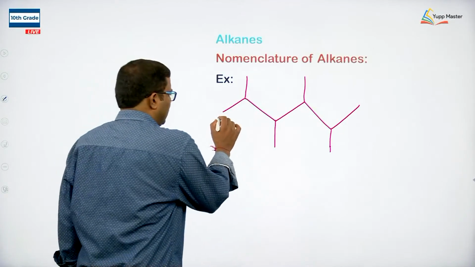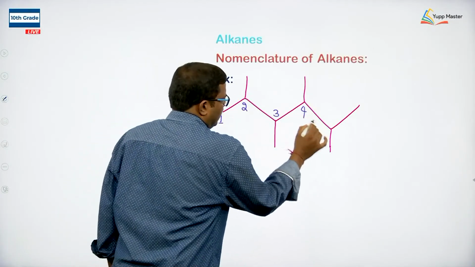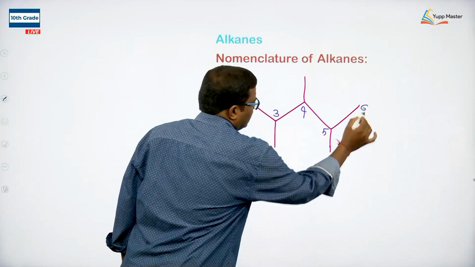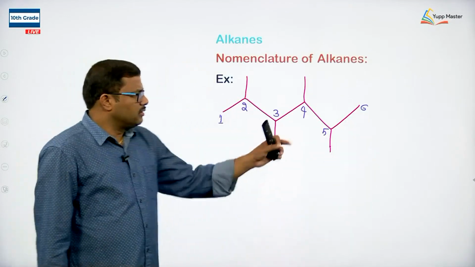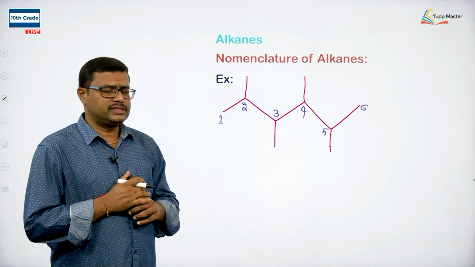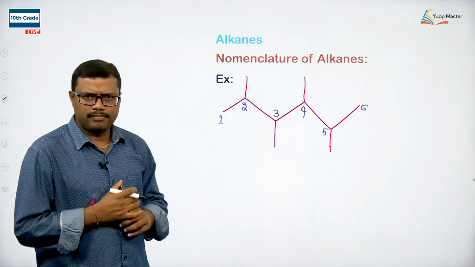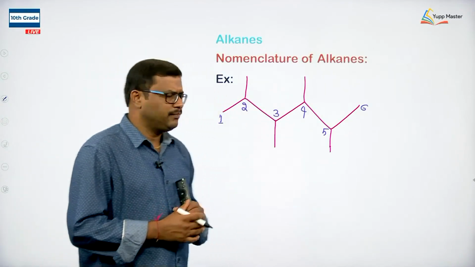If I take the longest chain as a straight chain, the numbering can be done in such a way that the total number of carbon atoms present in the parent chain is 6. So, 6 carbon means the parent name is hexane.